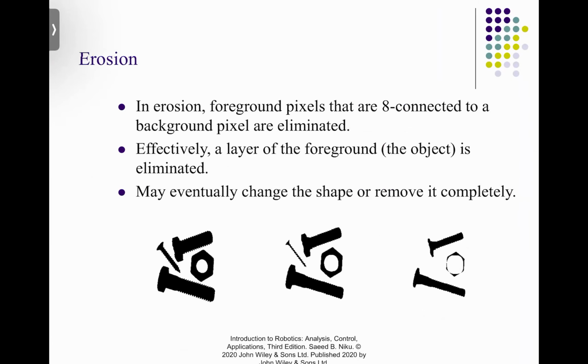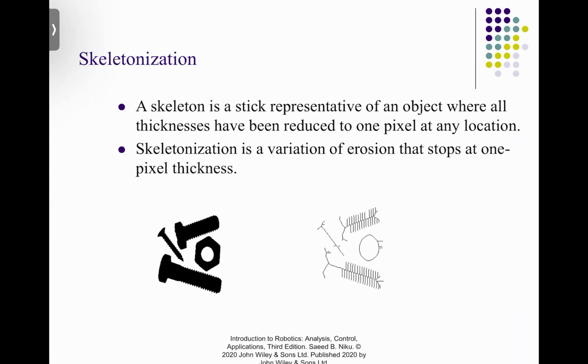Erosion is nothing but removing certain parts of the pixelated image. So basically, foreground pixels that are connected to background pixels are eliminated. And finally, this can be used again to soften the image. That can be used just to convert a picture into sort of a skeleton or a line drawing or line diagram, and that can be used for some other application.